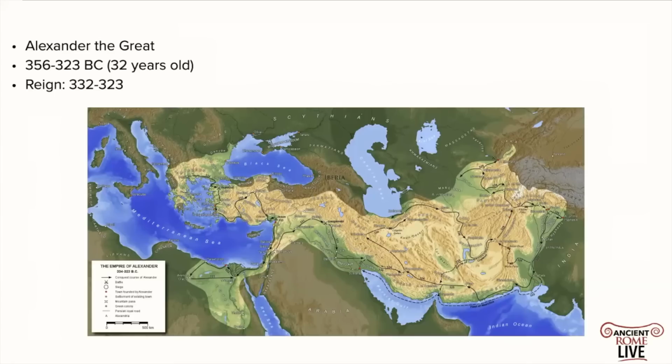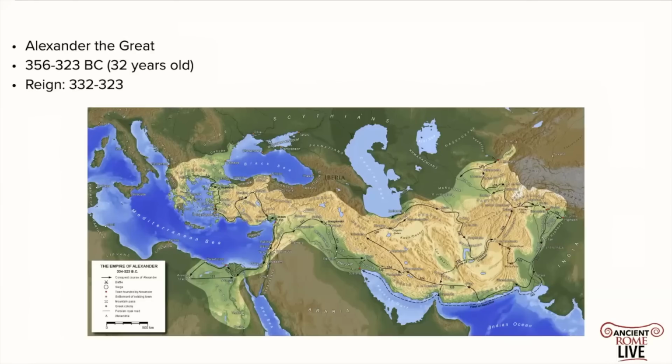Quite a magnificent enterprise, famously then collapsing and breaking into smaller kingdoms ruled by his generals, his successors. Eventually the Romans will come, but the Romans never pushed this far east. It's one of those markers of greatness that they attempted to achieve and never managed to.